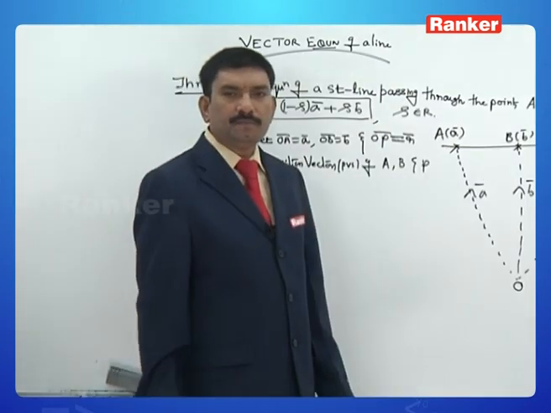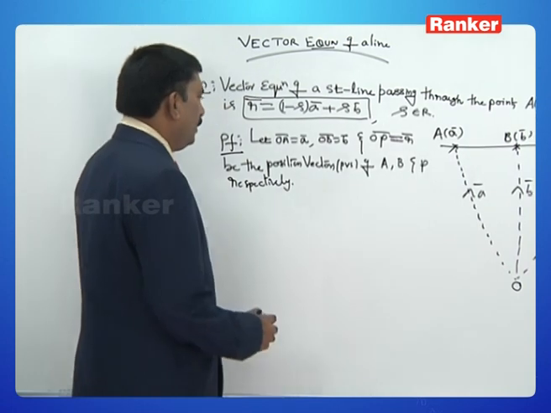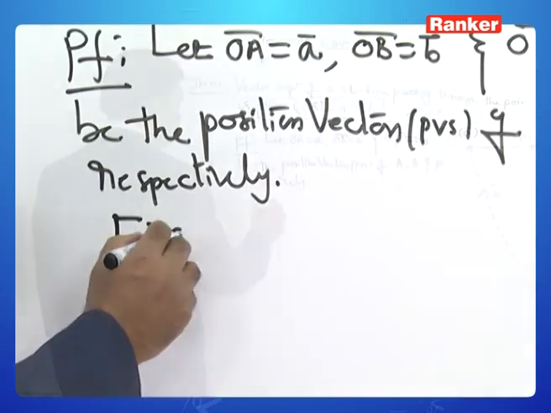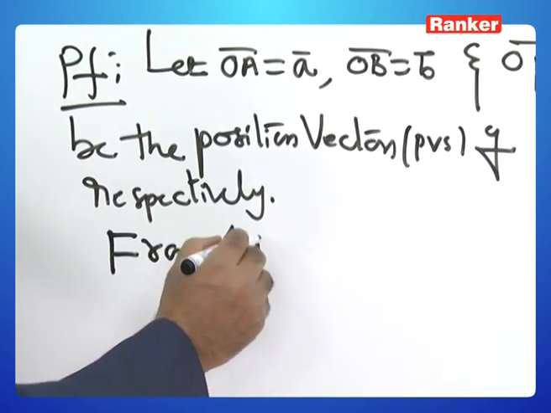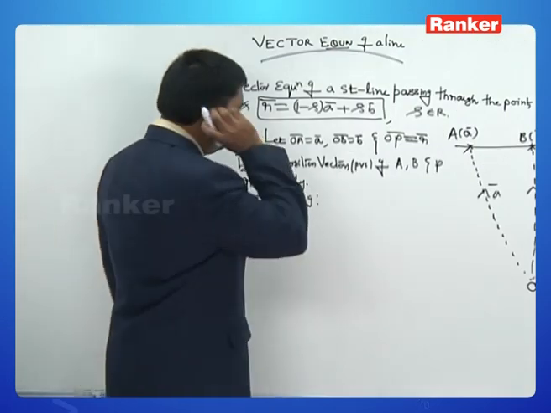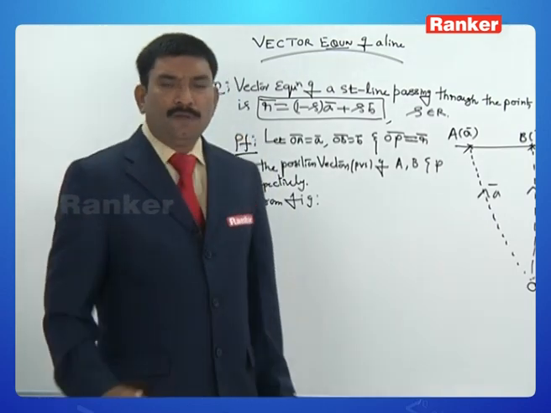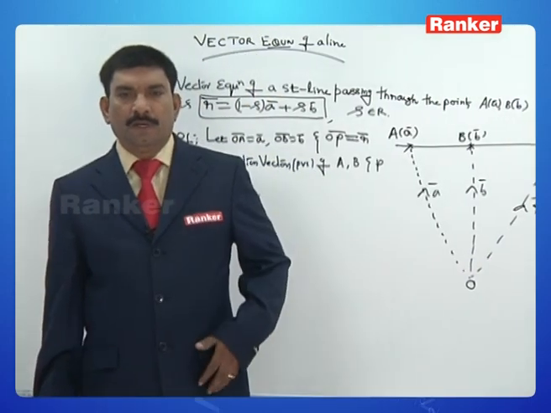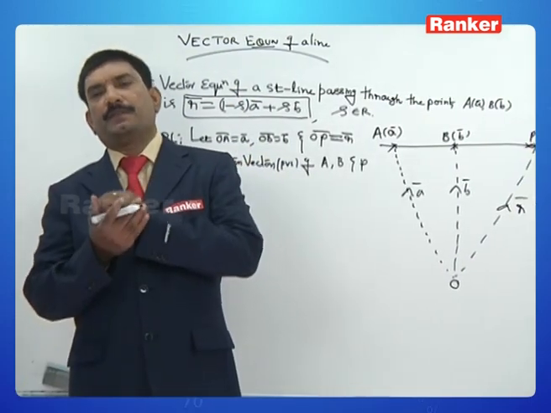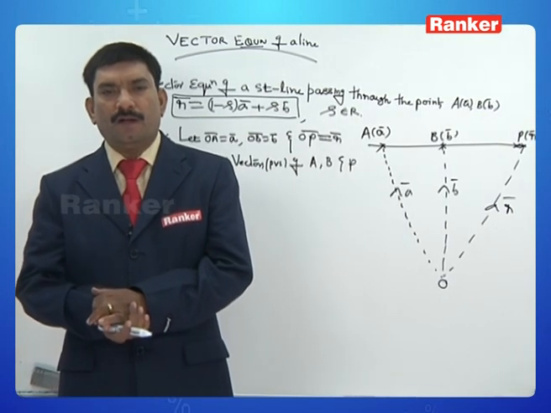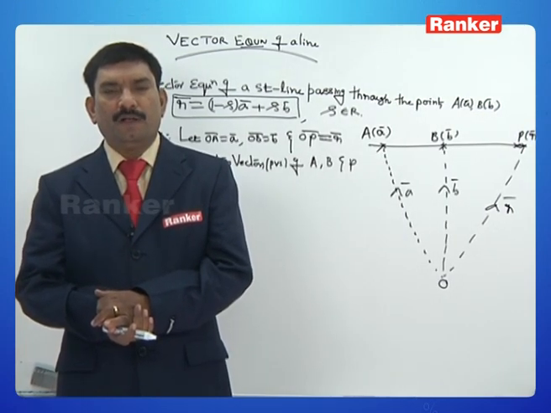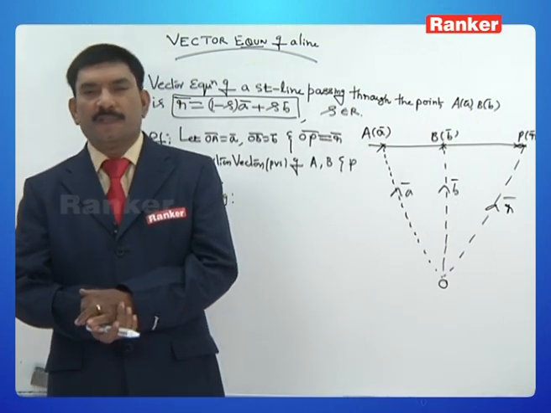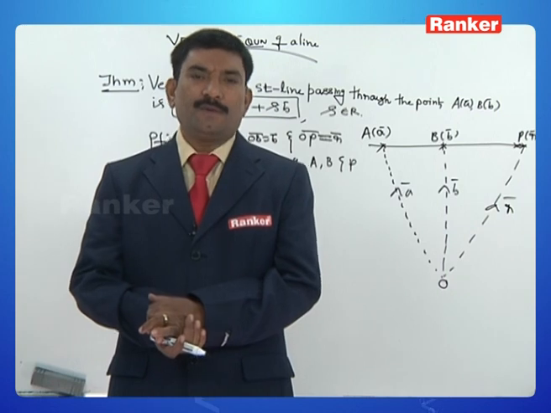Now from the figure, you can very well observe the points A, comma B, comma P are lying on the same line. Then they are collinear.